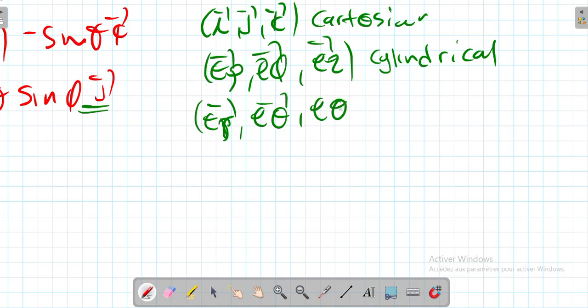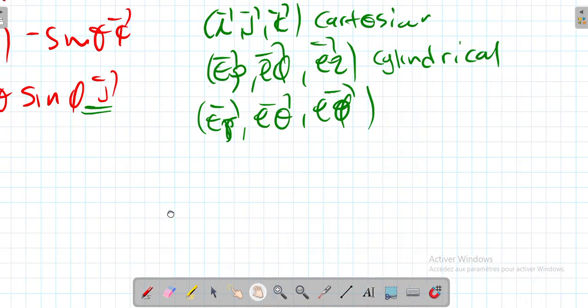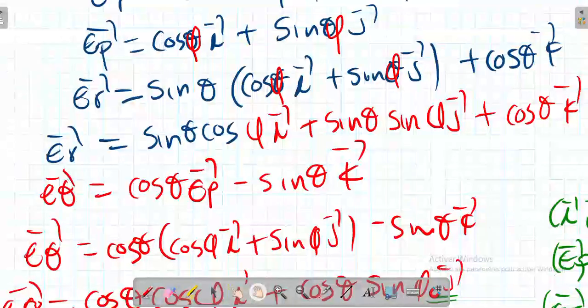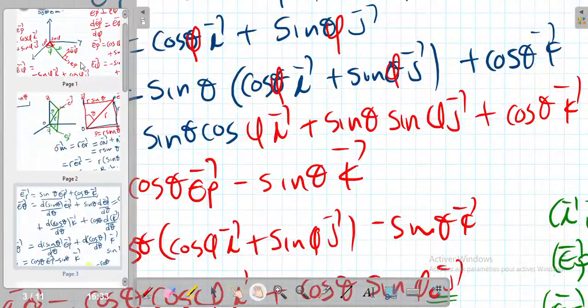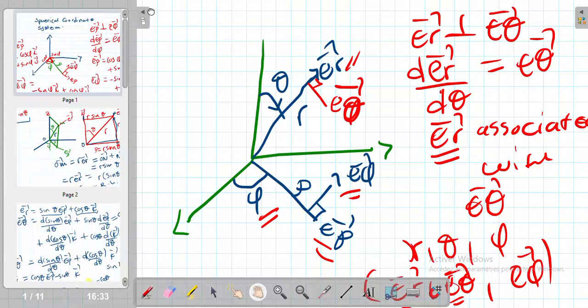So you just have to know how to express these unit vectors as a function of the Cartesian basis, de la base Cartesian en français. So this is how we construct the spherical coordinate system and all the parameters that you need to know.